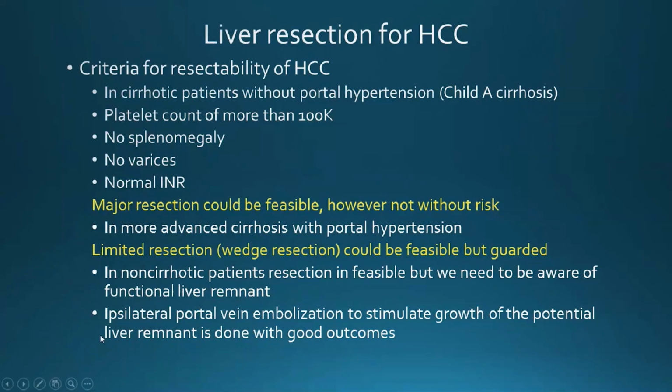However, these days we also do portal vein embolization, and the rationale is that on the side of the tumor, we embolize the portal vein, so we redirect portal flow to the remaining, healthy part of the liver. This portal flow has growth factors, and these can potentially increase the size of the remaining liver, so we can get a better outcome of the procedure.